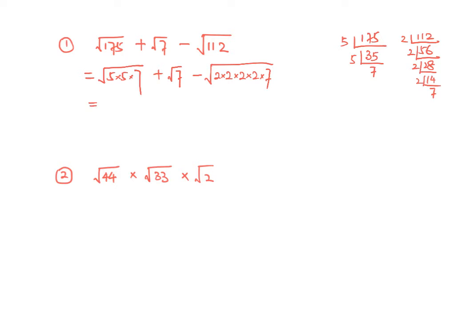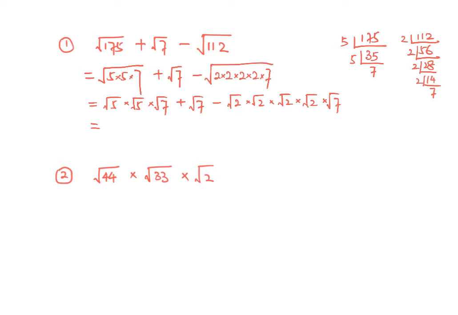For the first square root, we can separate it into square root 5 times square root 5 times square root 7. And the second one, plus square root 7, just copy it down. And the last one can be separated into square root of 2 times square root of 2 times square root of 2 times square root of 2 times square root of 7.